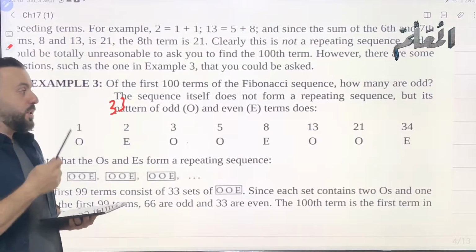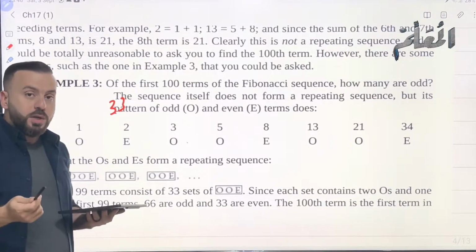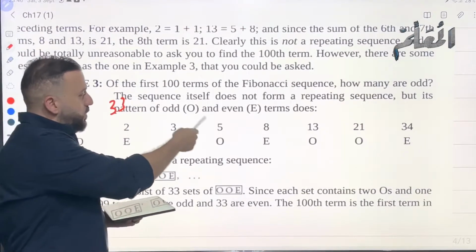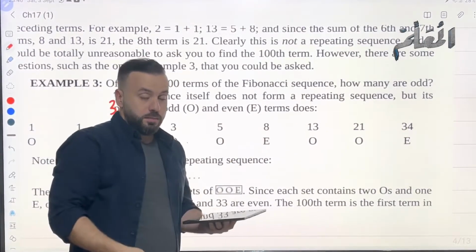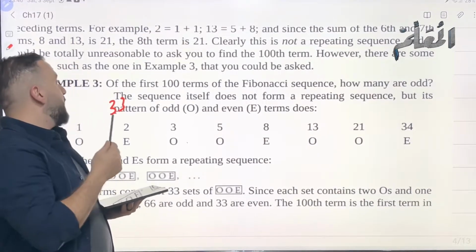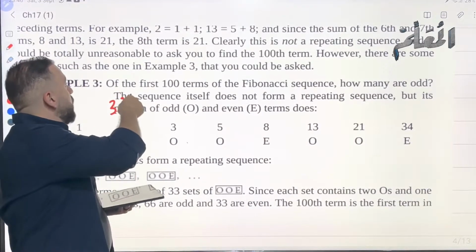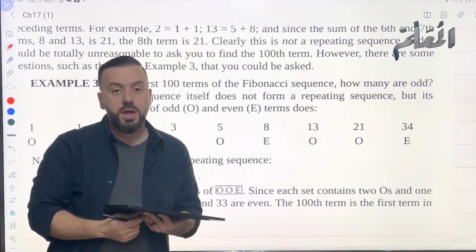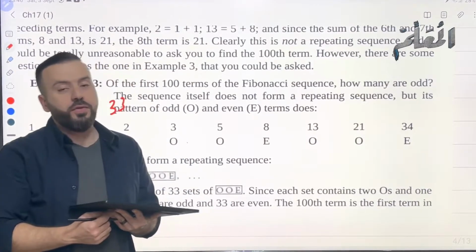But one of the secrets in the Fibonacci sequence that starts with 1, 1 is the pattern: odd, odd, even, odd, odd, even, odd, odd, even. The question is asking, of the first 100 terms, how many are odd and how many are even.